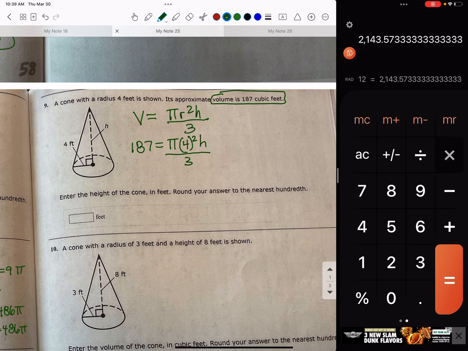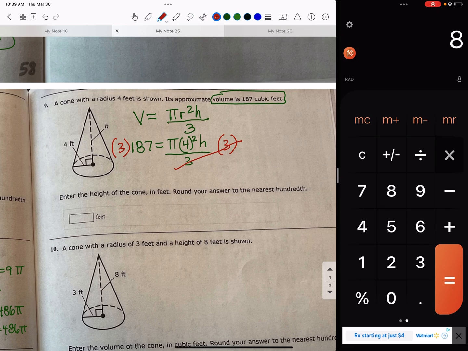Okay. Let's see. We're going to multiply this side by 3 and this side by 3 to get rid of the divided by 3. So 187 times 3 equals 561 equals pi times 16 times height. Okay, let's get rid of the 16 first. Let's divide by 16. See, it's 16.